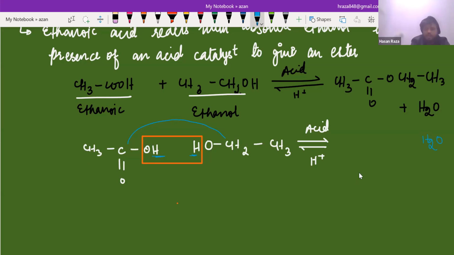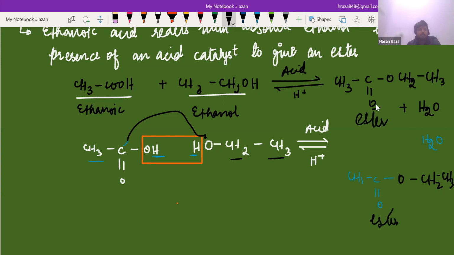You can see the rest of the part: CH3, then C double bond O, then this carbon directly bonds with this oxygen, so it will be O, then CH2, and after CH2 there is CH3. So it's very easy, and this is your ester basically. This is your ester. I forgot to write that. So you just need to remove the water, and in this way you can see the product you have formed is correct. Please do write it if you want.